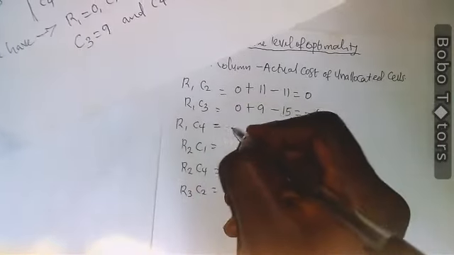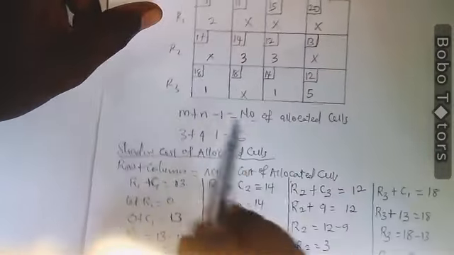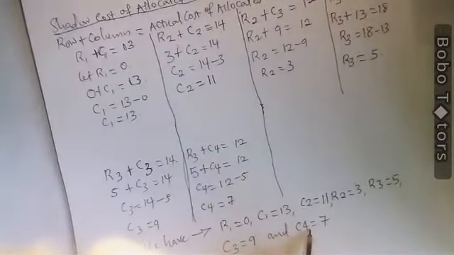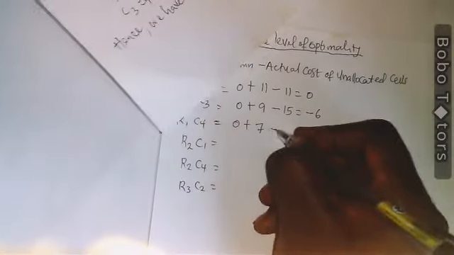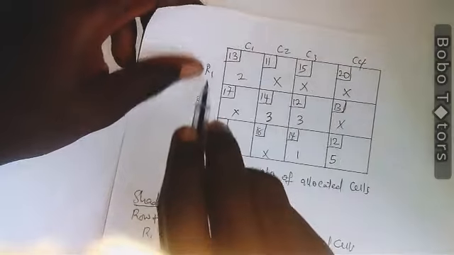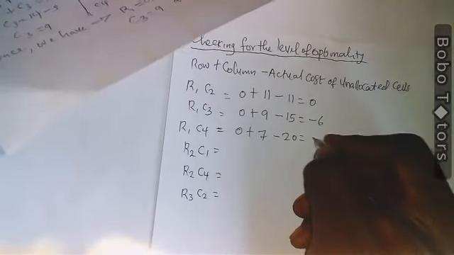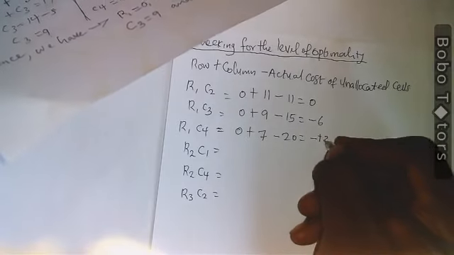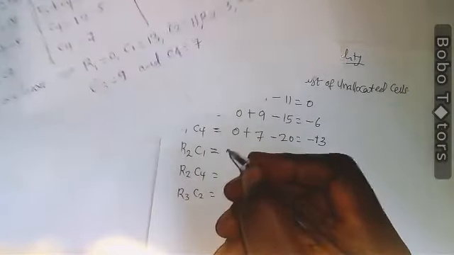Row 1 again, column 4. Row 1 is 0. Column 4 is 7. Minus row 1 column 4, we have 20. That's minus 13. Row 2 column 1.